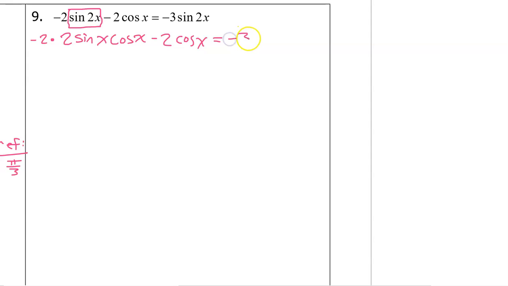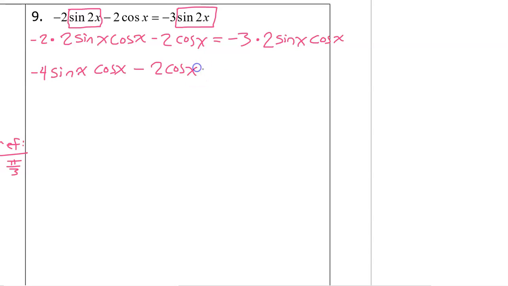Now I have negative 3, and again, sine 2x, that's going to be 2 sine cosine. So I'm going to have 2 sine x cosine x. Simplifying a tiny bit, I have negative 4 sine x cosine x minus 2 cosine x is equal to negative 6 sine x cosine x.